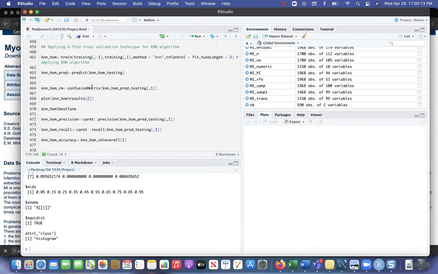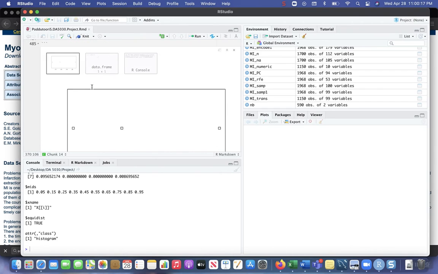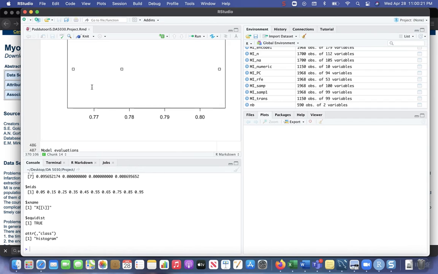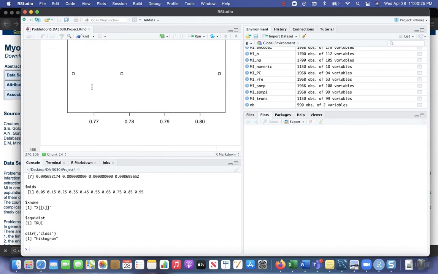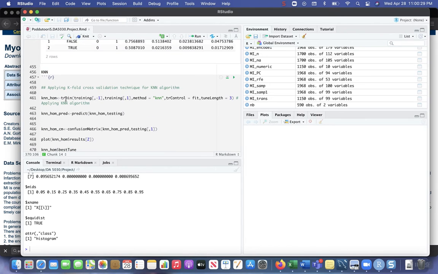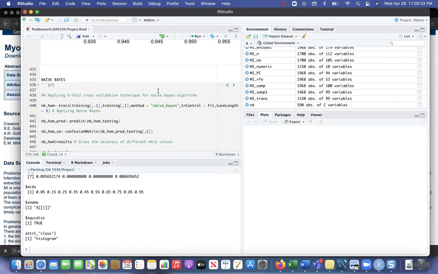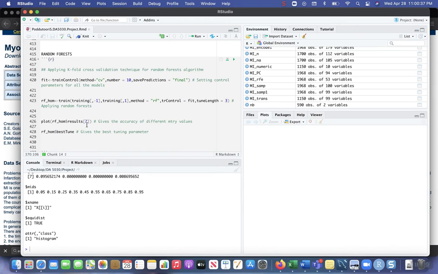I've applied it on all three, seeing that I have mixed type of data and everything is numerical for now, and it's a classification problem. So I think those three work the best for classification. And since I have applied k-fold cross validation using the train control in the caret package, this gives me different results.